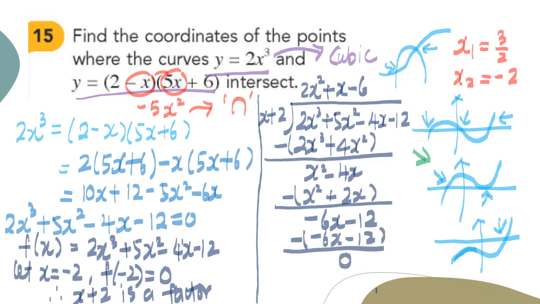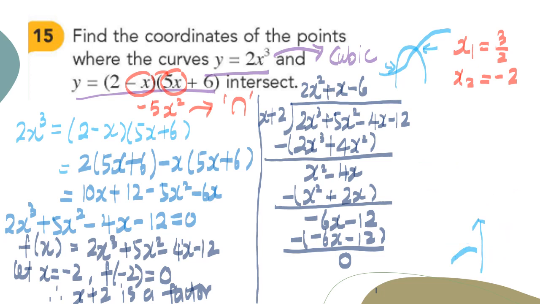Alright, you should get remainder equals to 0 because x plus 2 is a factor. If you do not get remainder equals to 0, it means you have made some calculation errors in your long division, so you have to check your working. Right, I'm going to erase all this to make space for my remaining workings. So this is what I'll get.